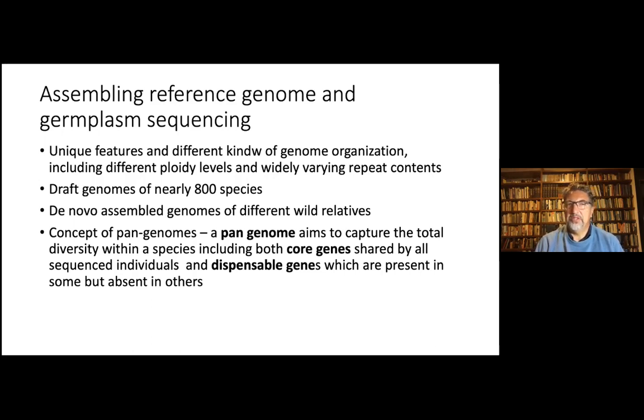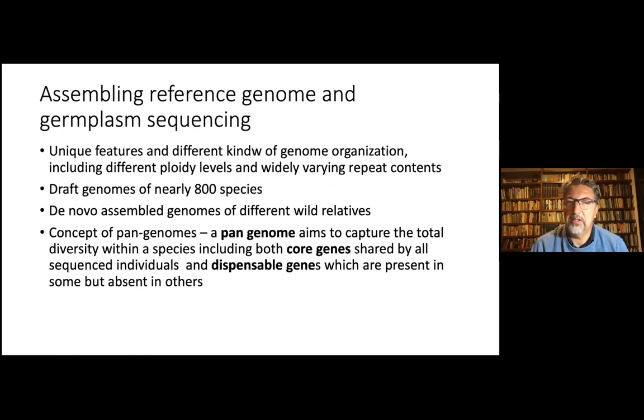And then we discovered that no, it's not like that, because different species, or even individuals, have different kinds of genome organization, different ploidy levels, and variety of repeat contents. So even though we are already adding up 800 species with draft genomes, we are going for de novo assembly of relatives.